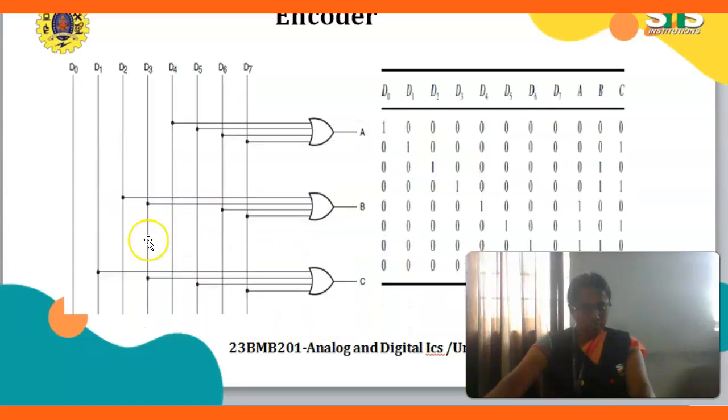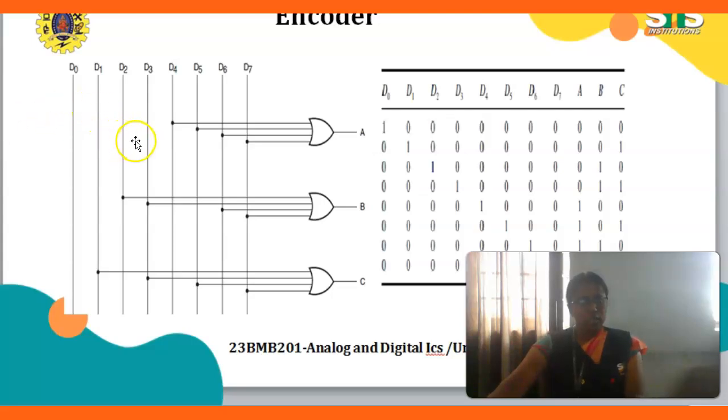Similarly, considering the second column: D2, D3, D6, D7. And what about the third case? D1, D3, D5, D7. This is the encoder circuit.